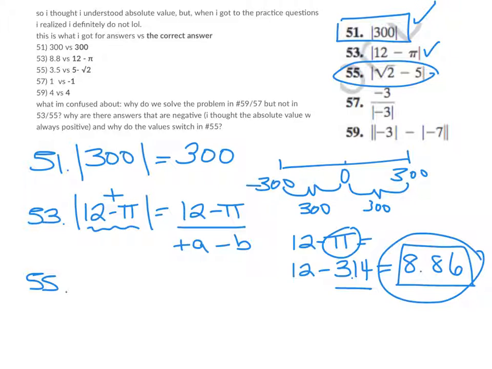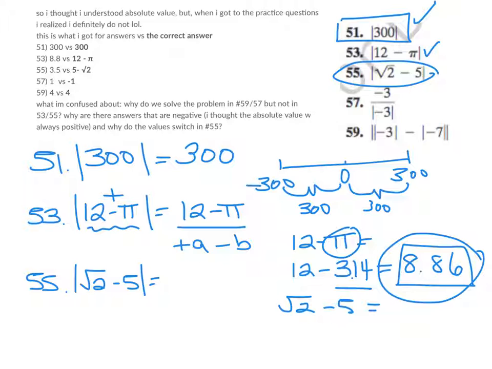So in question 55, again, we have an expression inside the absolute value bars, and they want us to rewrite that without the absolute value bars. So again, I'm going to go on my calculator and I'm going to put in the square root of 2 subtract 5. So when I put that into my calculator, I get the square root of 2 is 1.414.